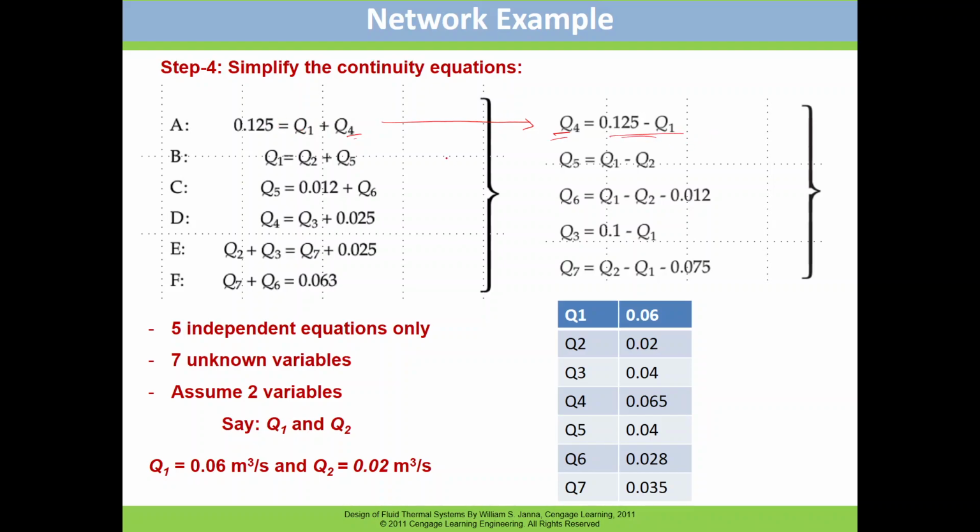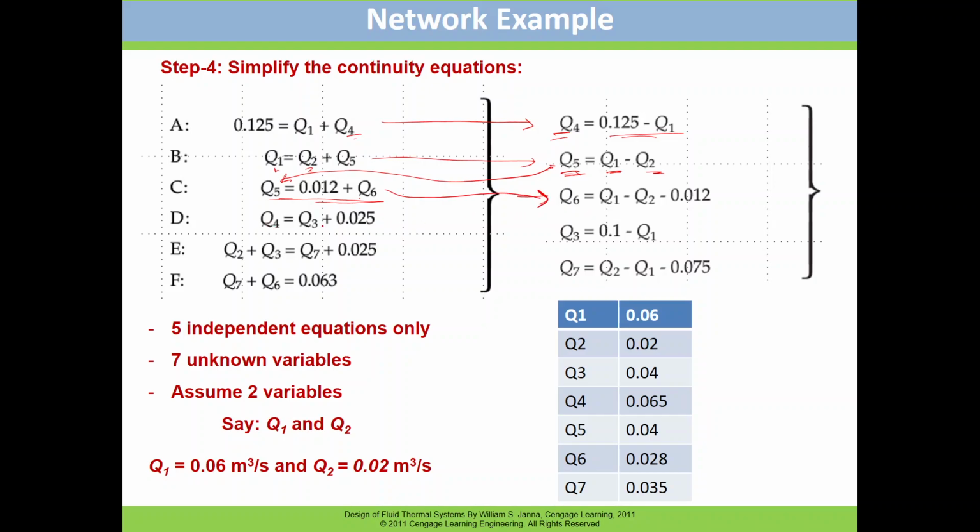Similarly, from this equation, Q5 in terms of Q1 and Q2. And from this equation, Q6 in terms of Q5. But Q5 we already have here, so you substitute this value of Q5 in this equation, and then write that Q6 equals this.